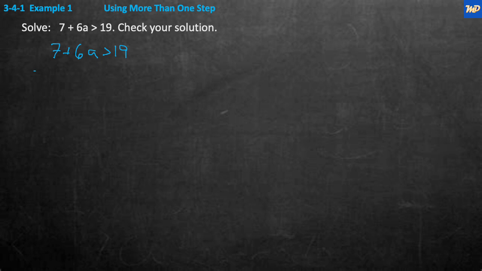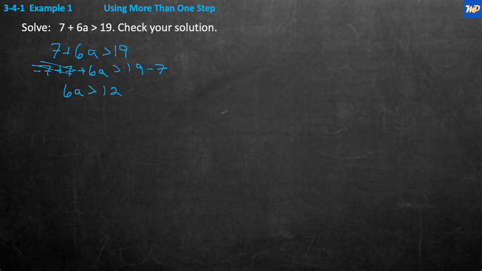So we're going to add a negative 7 to 7 plus 6a on the left-hand side, and that's greater than 19 minus 7. Now we clear the 7s on the left-hand side because they cancel. And we're going to have 6a is greater than 19 minus 7, which is 12.